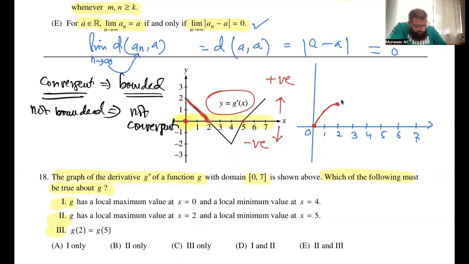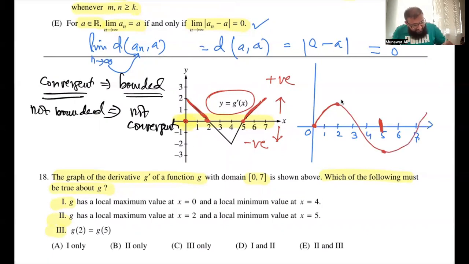So maybe, how can I go? From here, my function decreases until I reach 5. It should always decrease. It should never increase because the slope is negative. Then from 5 to 7, you can see the graph of the derivative is above, so the function is increasing.